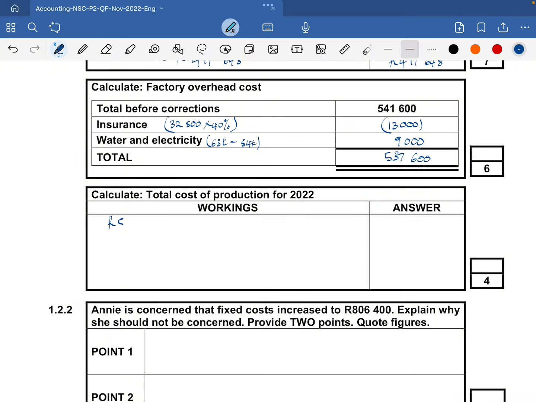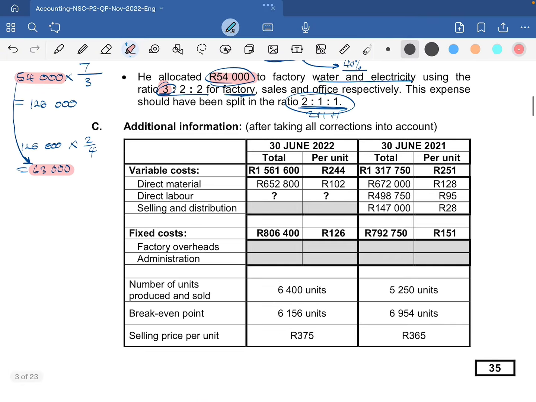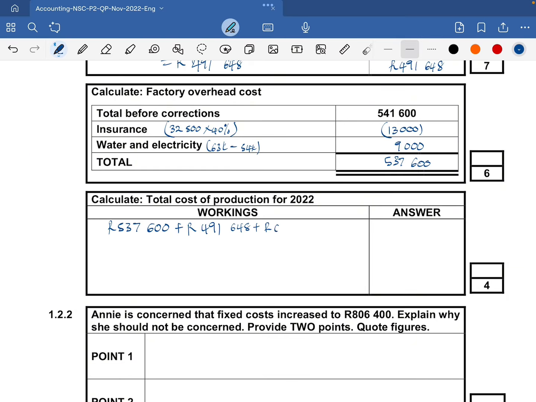We already have our factory overheads as 537,600, plus our direct labor, which we just calculated, which is 491,648, plus the last thing that we need to consider, our direct material of 652,800 from information C. Then we have our total cost of production: 537,600 plus 491,648 plus 652,800, and that gives us a total of 1,682,048.